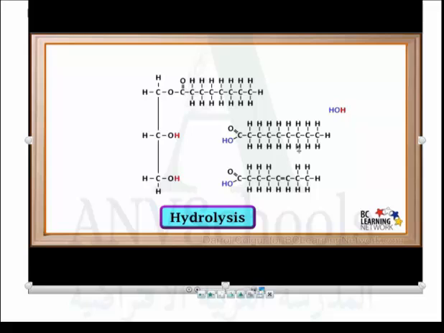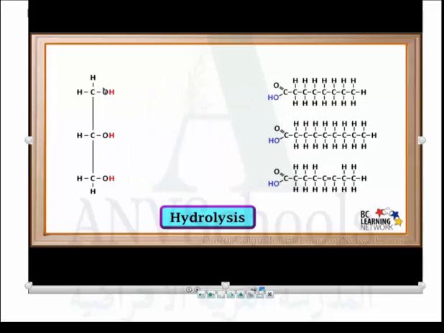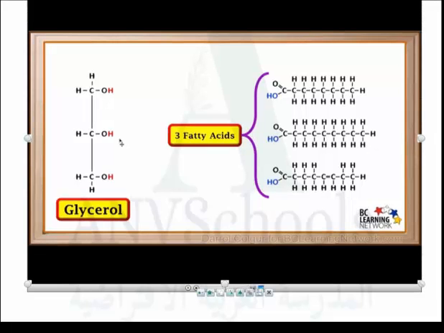This is called a hydrolysis reaction, and in the hydrolysis reaction, water is put back, and the bond is broken, so that we end up with glycerol and fatty acids. Hope that is clear. We can proceed with our discussion.